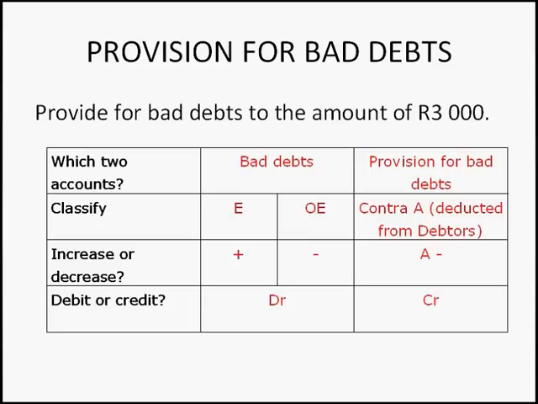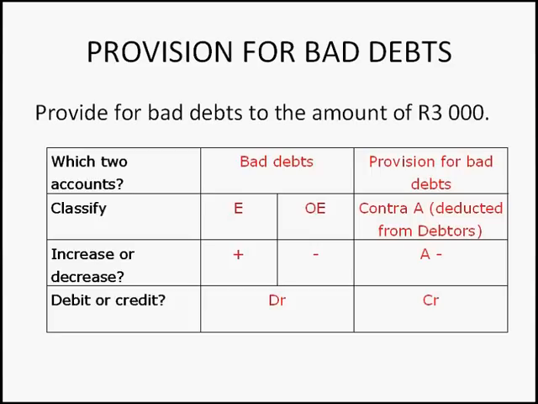In terms of the provision for bad debts, I've just said that it's shown in the balance sheet, and it's shown as the value of debtors being reduced, which again means that it's seen as a contra asset, the opposite of an asset, because what it does is it reduces the value of the asset.